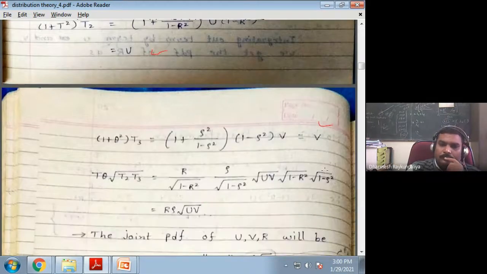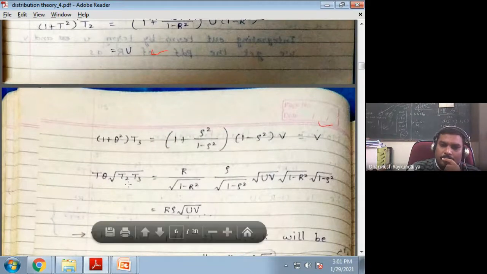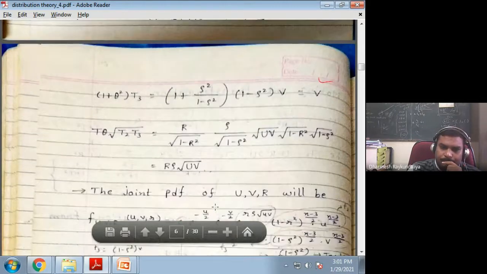And t theta root t2 t3, so t is r upon square root of 1 minus r square, theta is rho upon square root of 1 minus rho square, and t2 t3 is nothing but root uv, and similarly this will cancel out, it is r rho root uv.